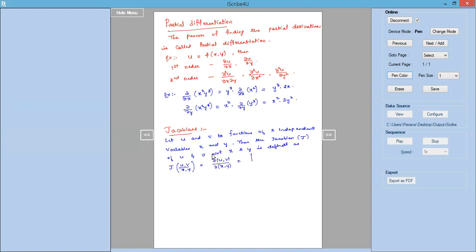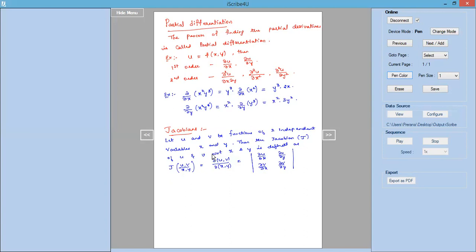And this is obtained by expanding the 2 cross 2 determinant: dou u by dou x, dou u by dou y in the first row, dou v by dou x, dou v by dou y in the second row. It is two dependent variables u and v with respect to two independent variables x and y. So it is a 2 cross 2 determinant.